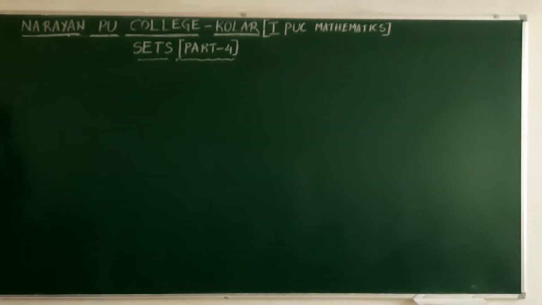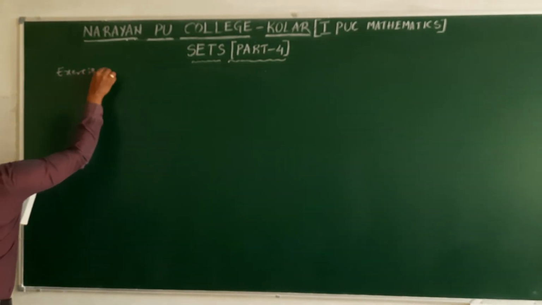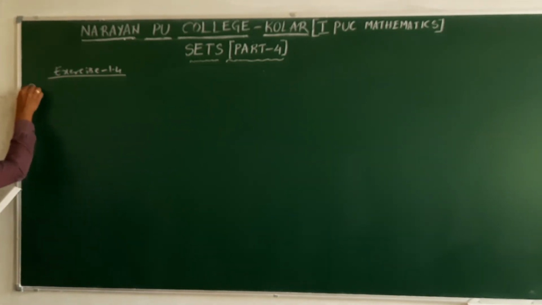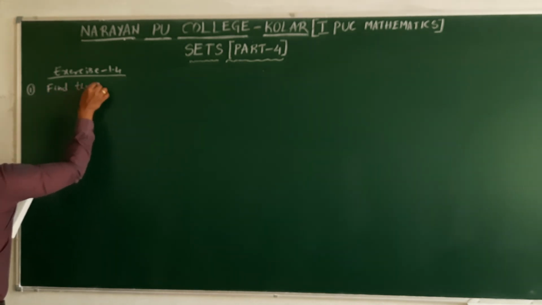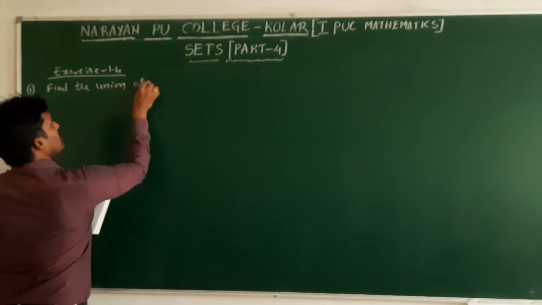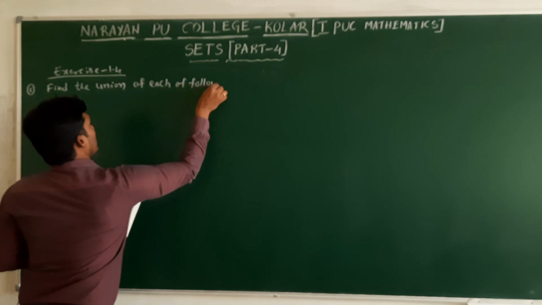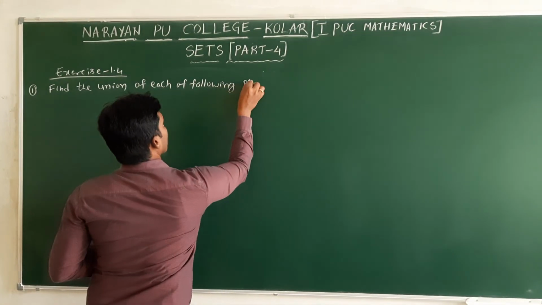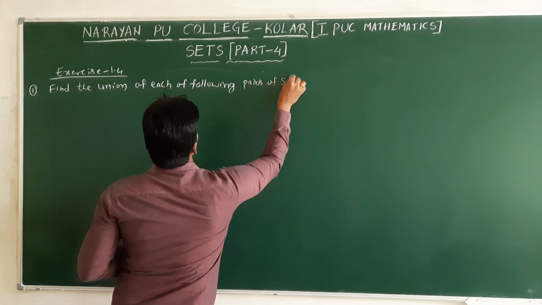Next, exercise 1.4. In the first question, find the union of each of the following pairs of sets.